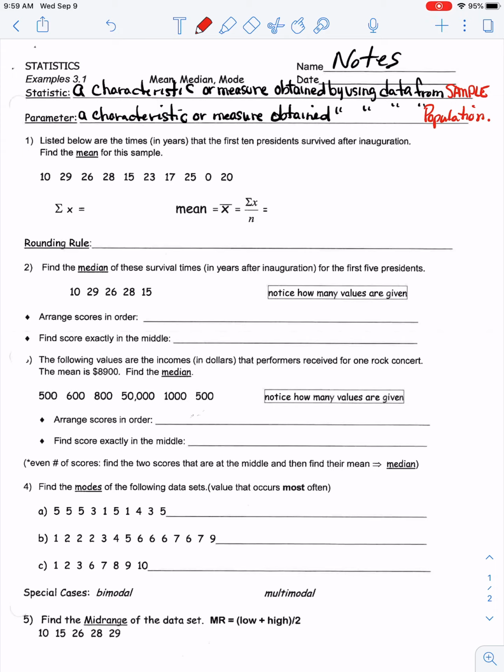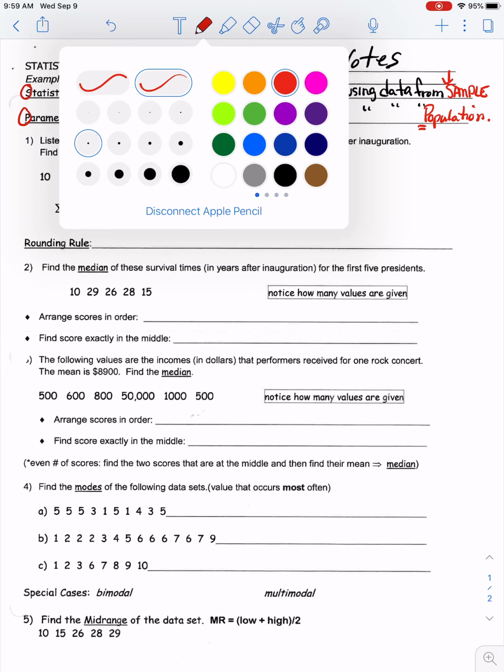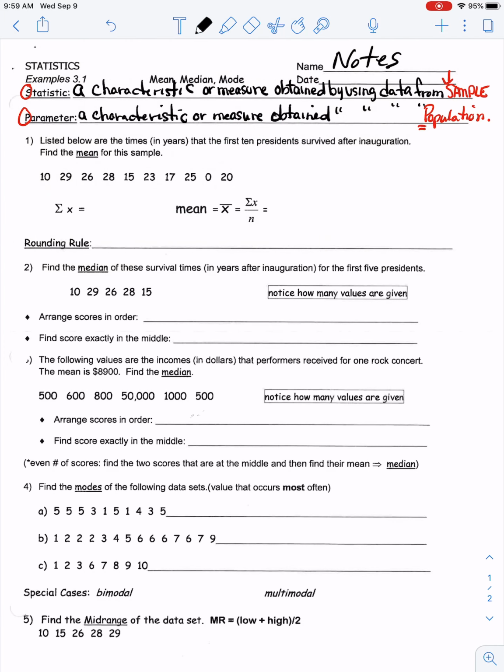Okay, so one set uses sample data, the other one population data. I always remember S for statistic, S for sample, S and S. P for parameter, P for population, so that way those two things go together. Okay, so population and sample.